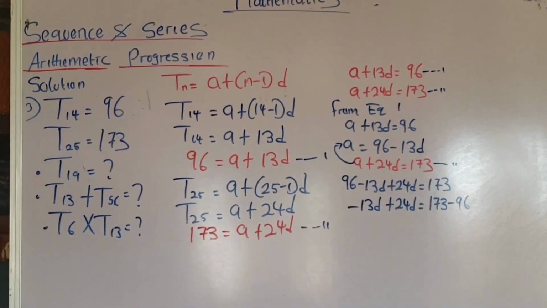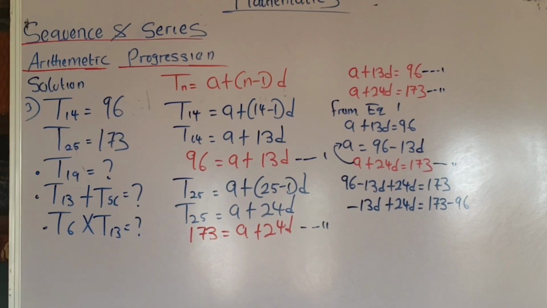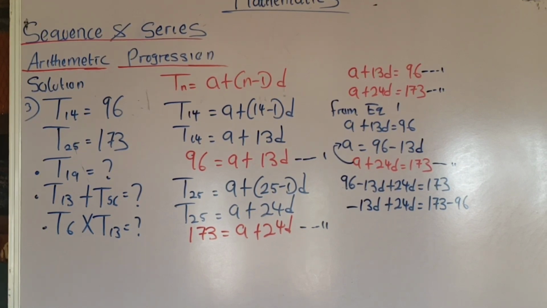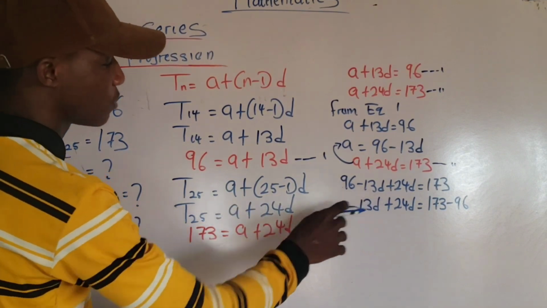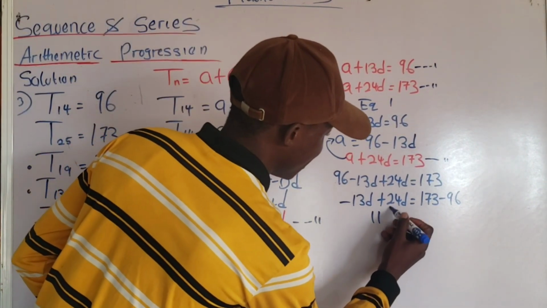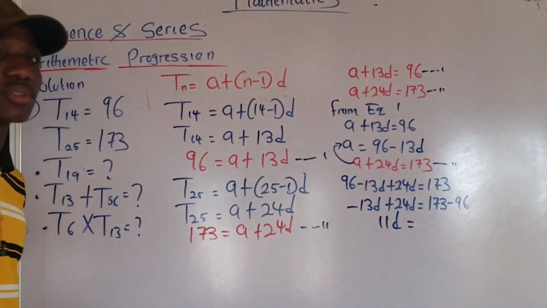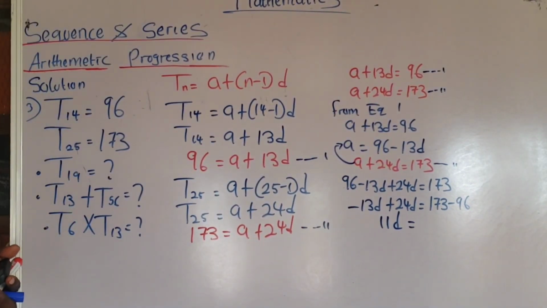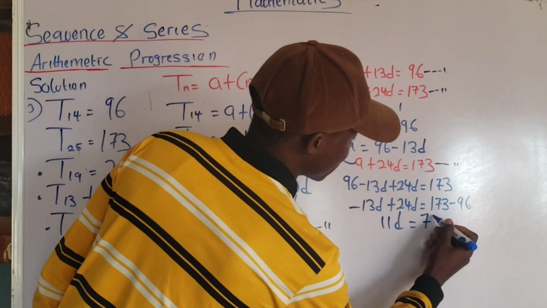Let's deal with the left hand side of the equation. Negative 13d plus 24d, that is 11d. 11d equals 173 minus 96, that is 77. So 11d equals 77.